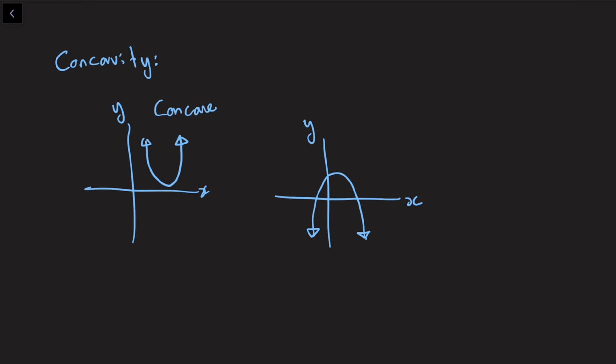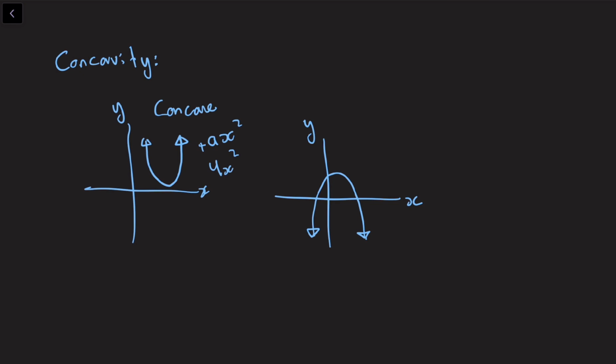happens when the coefficient next to the x squared, which is called the leading coefficient, is positive. Whenever it's positive, something like 4x squared, we look at the leading coefficient, it's positive.